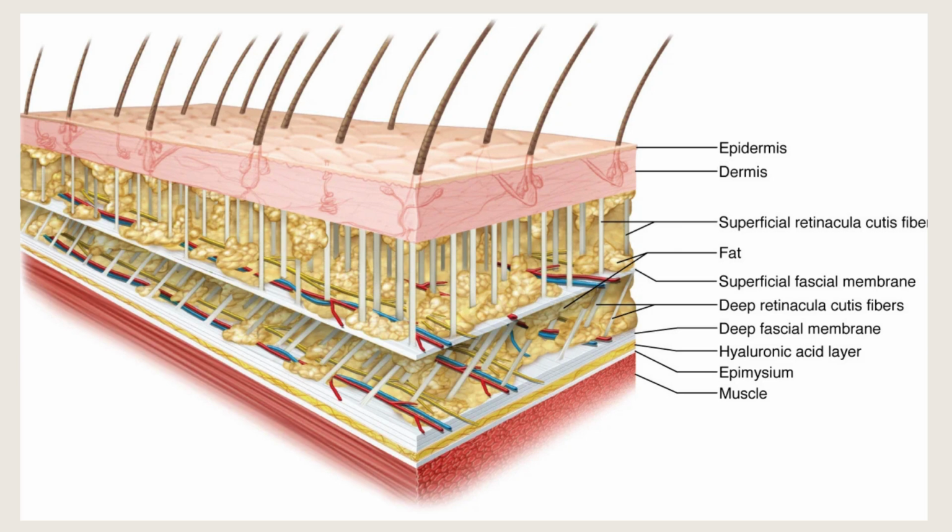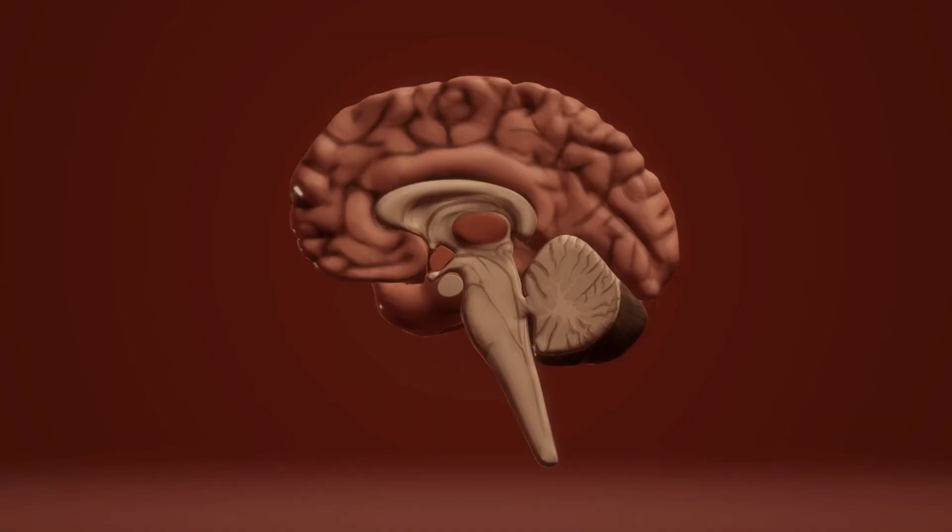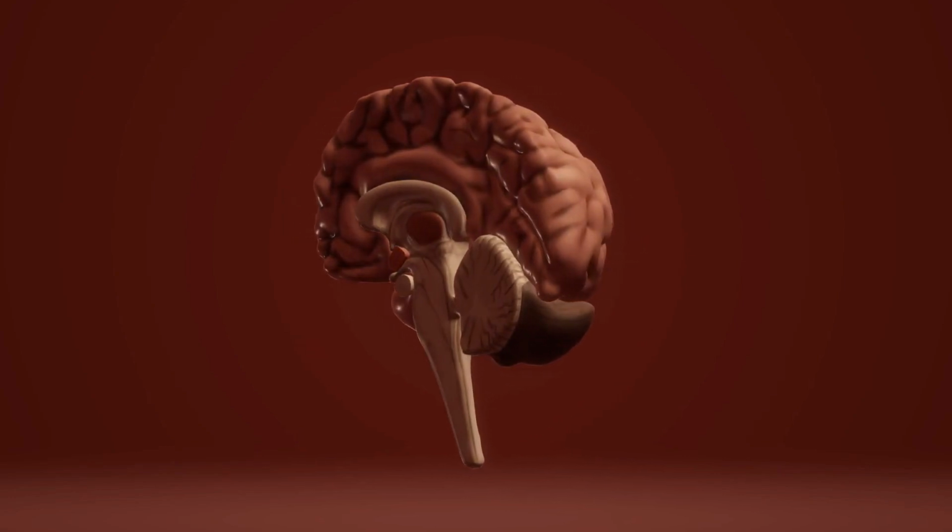Just under the skin, the superficial fascia is connected to the skin with collagen fibers and located deep to the superficial adipose tissue. Strands of collagen connect it to deeper layers. As well as containing adipose tissue, it envelops many nerves and blood vessels.